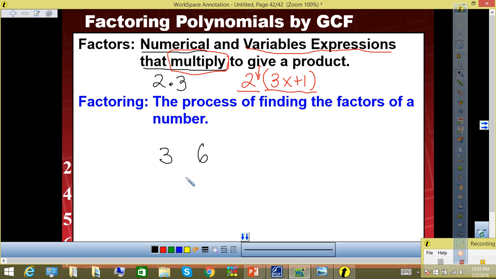To find the other factor, check this out. 6 divided by 3 is 2. So my factors are 2 and 3. So what was the process that I did to find the other factor? That's why factoring is known as dividing.